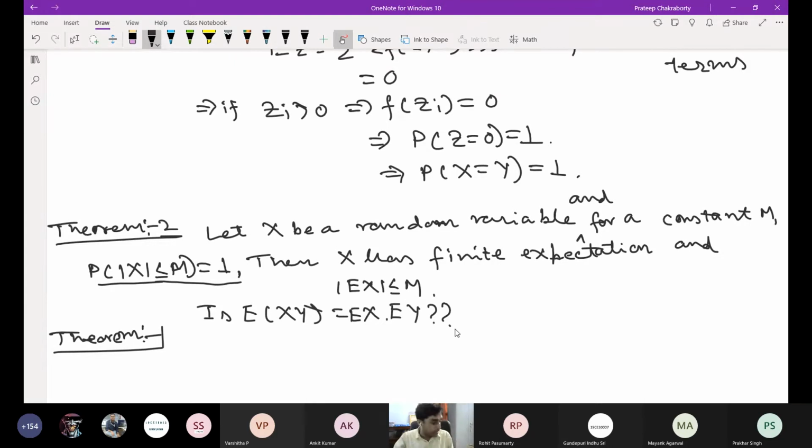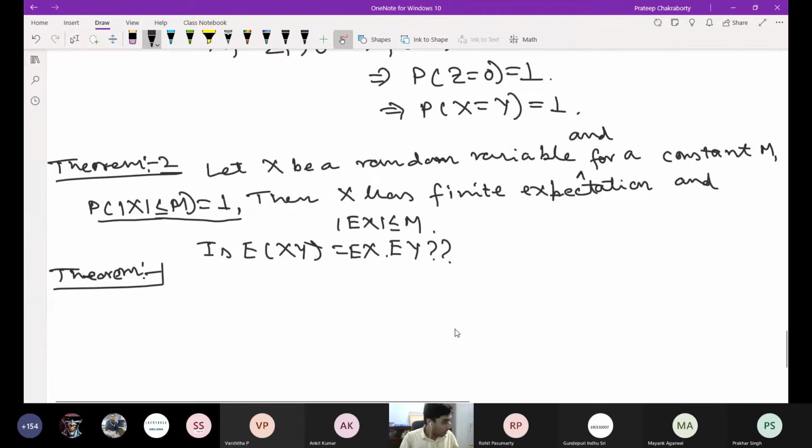So the answer is, in general, this is not true. We can give many very easy examples to show that in general this is not true.